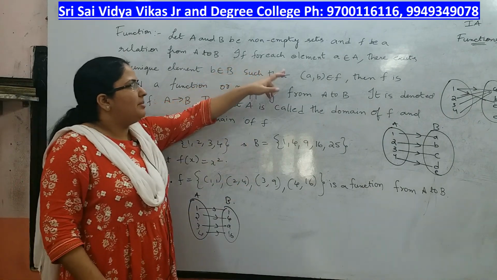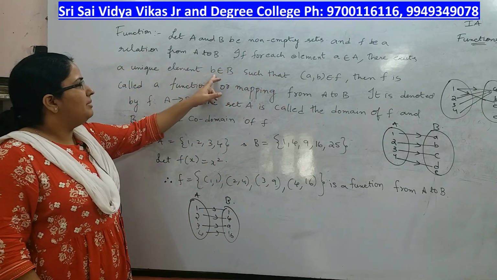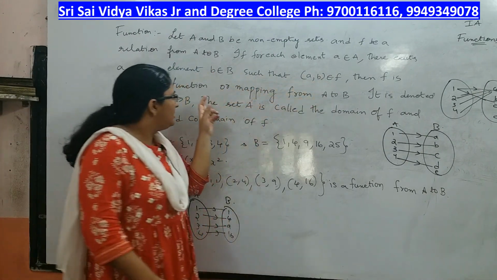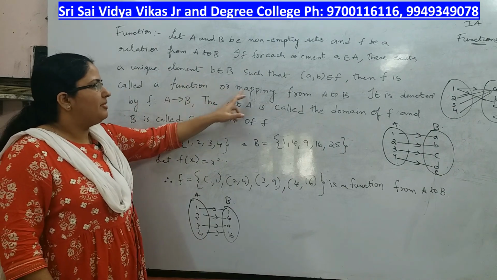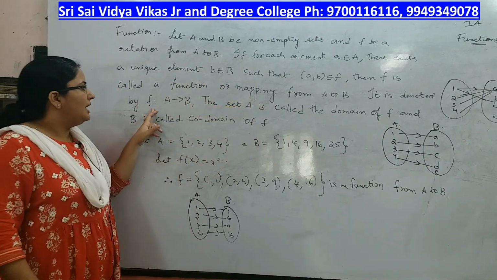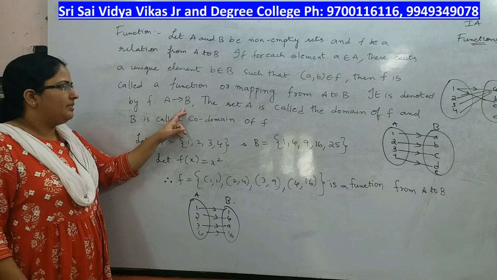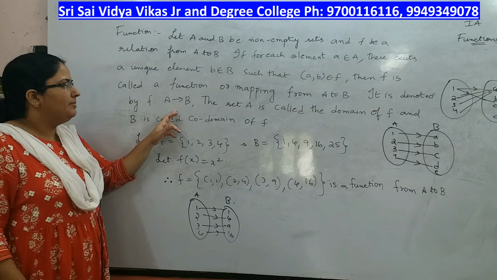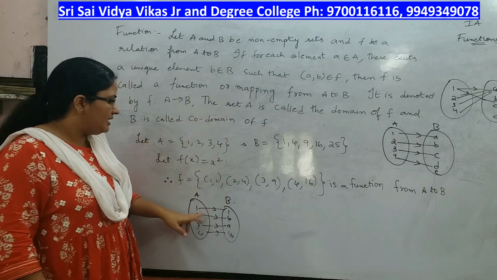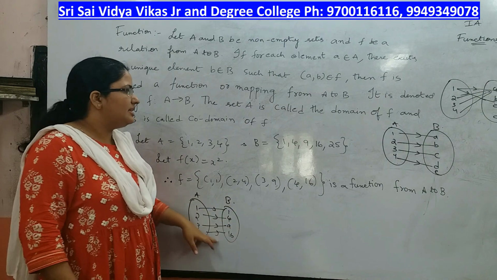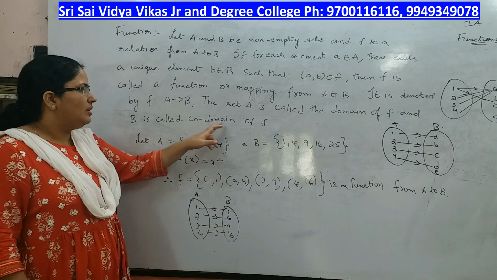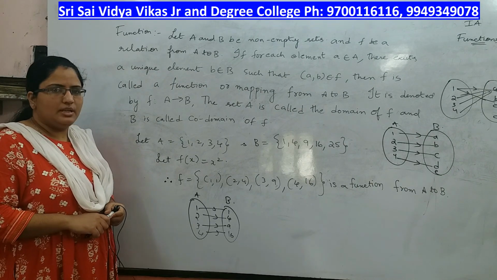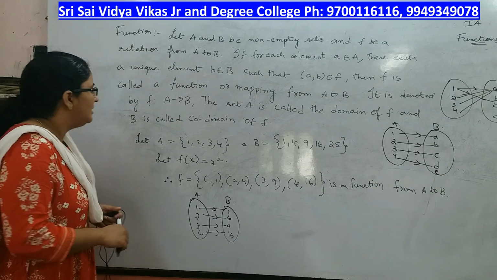If for each element a belongs to A, there exists a unique element b belongs to B, such that (a, b) belongs to F, then F is a function or a mapping from A to B. It is denoted by F maps A to B. Whenever you have a function between two sets, you can write it as F maps A to B. The set A, this first set, is called the domain set, the second set is called the codomain set of F. So that is about the functions. Let us discuss some problems based on functions.